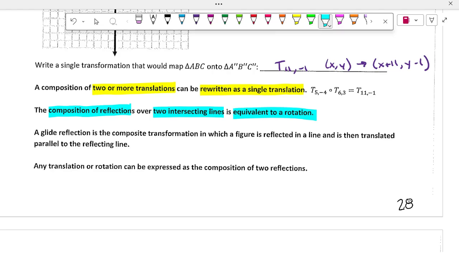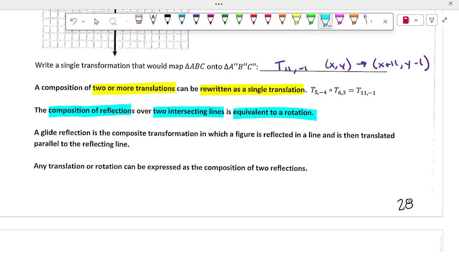And let's say I just did it to a singular point, 4, 5. So lines of reflection first. What's my first line of reflection? y equals 1. Is that a horizontal or vertical line? Horizontal.